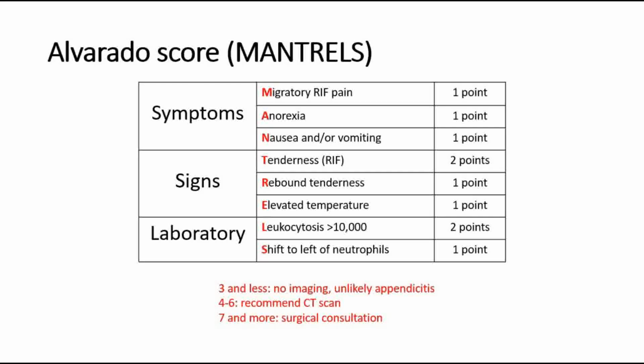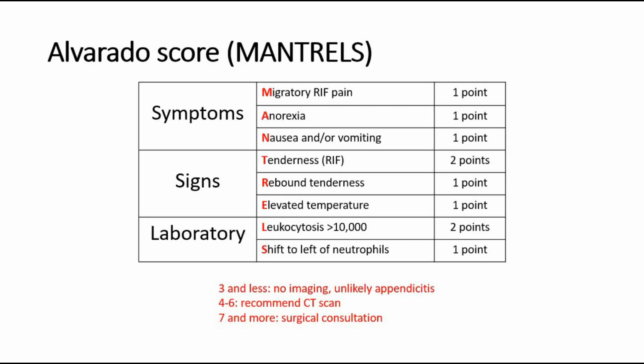For signs, there is tenderness at the right iliac fossa, rebound tenderness, or elevated temperature, which means fever more than 37.5 degrees Celsius. And for lab results, there is leukocytosis or shift to the left of the neutrophils. I've included the points for each symptom, sign, and lab result. It's either 1 point or 2 points.